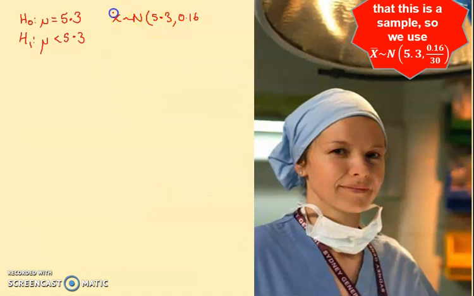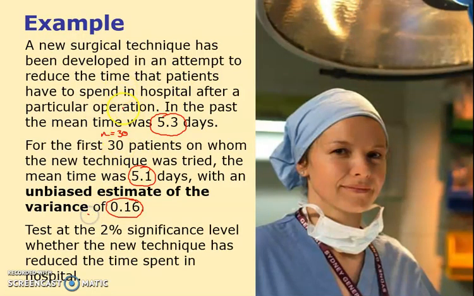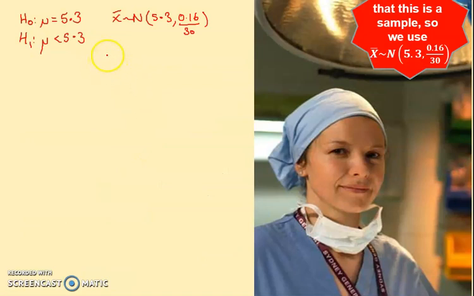And I'm just going to go x bar actually, and I'm going to divide that by 30. Just check that was the variance, as it was, and n was 30. Perfect. So we've got a normal distribution. We expected it to be 5.3. It was actually 5.1. You can see this is a one-tail test.